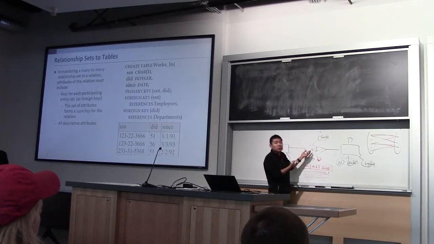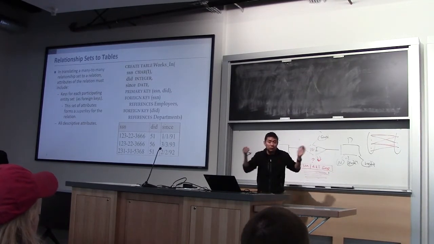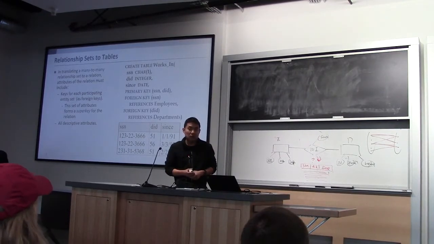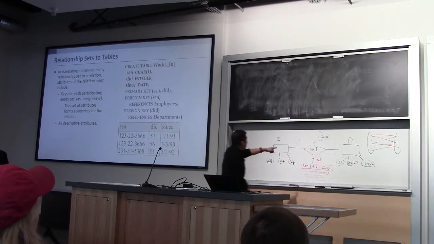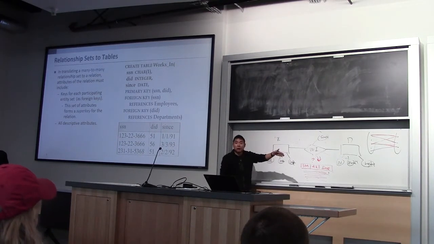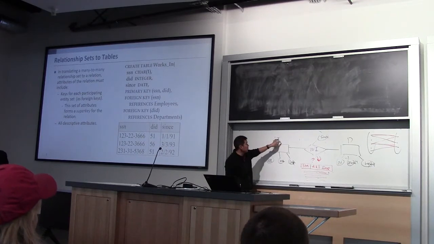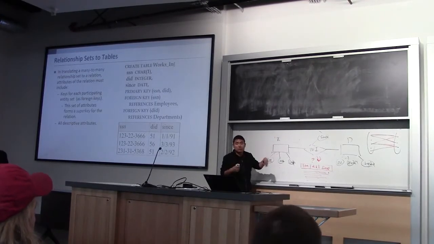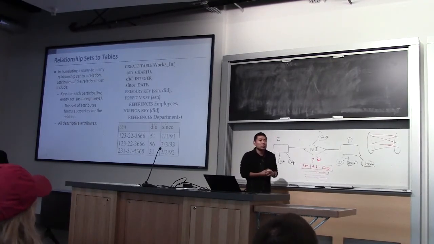If you were to attach since to employee, it doesn't make sense, because an employee may work for multiple departments, and you cannot use one attribute to model the fact that he may work for multiple departments with different start dates. You cannot do that. Okay?